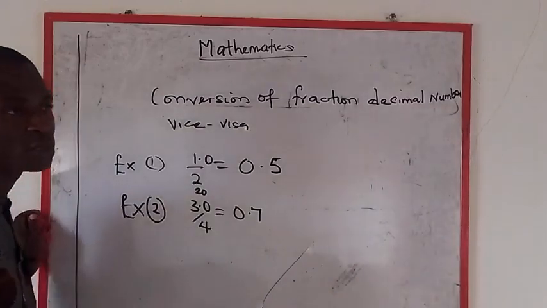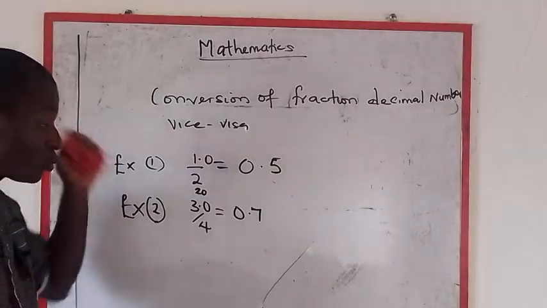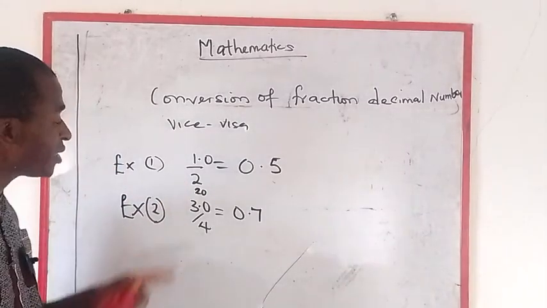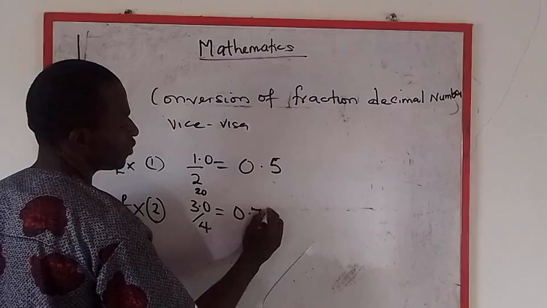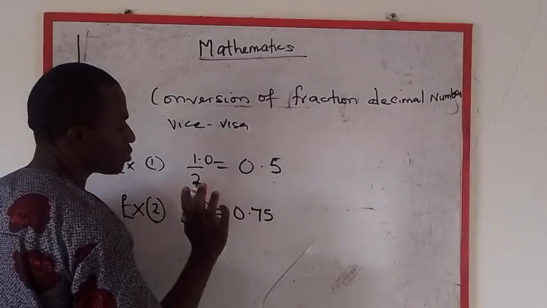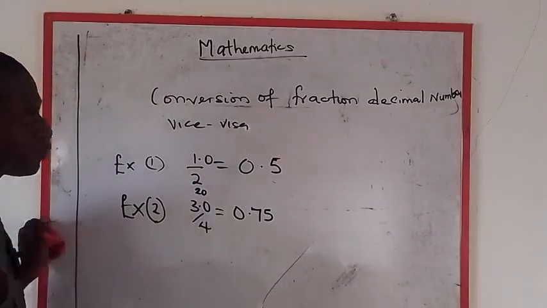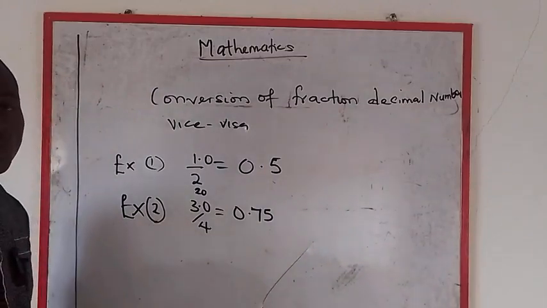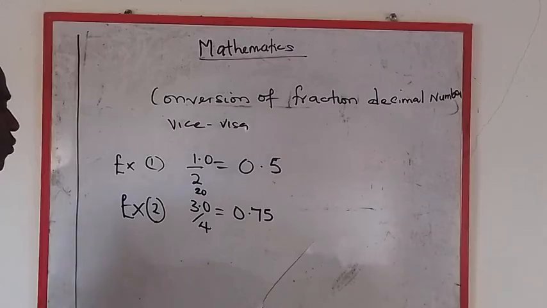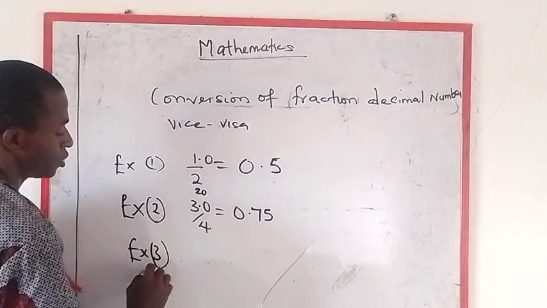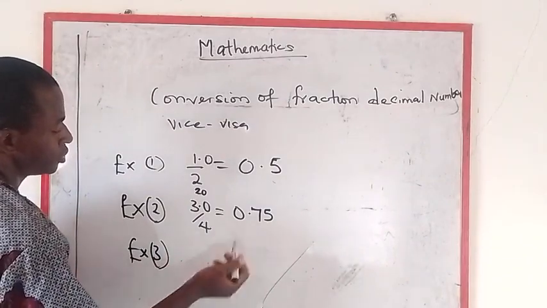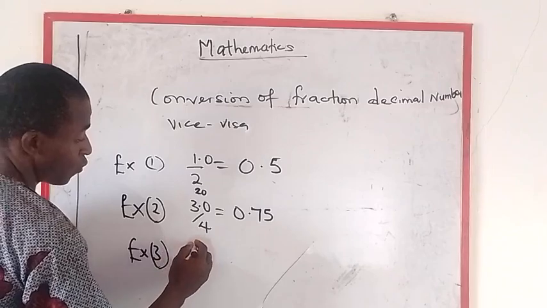So 4 into 20 will give us 5. There's no remainder there, it stops there. Meaning that 3/4 is the same thing as 0.75.